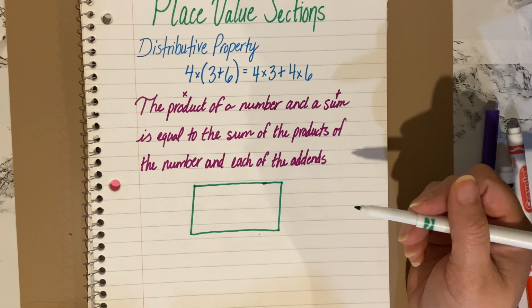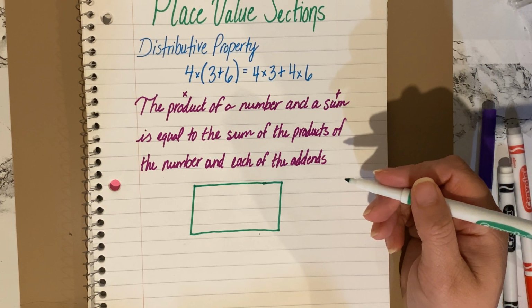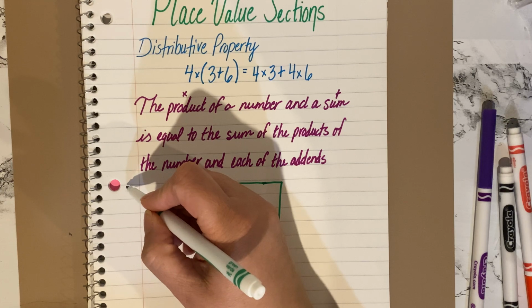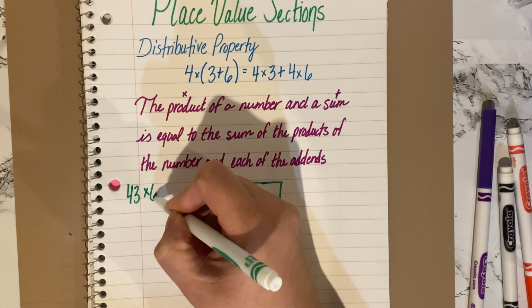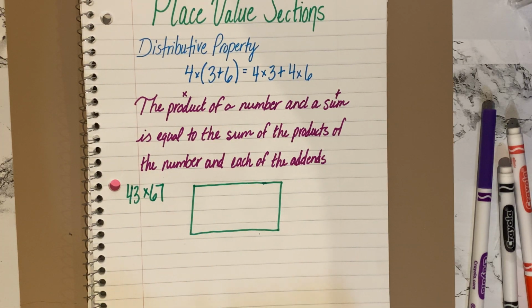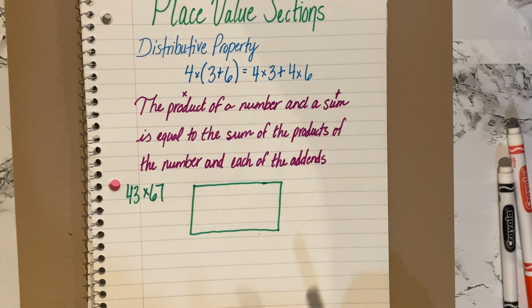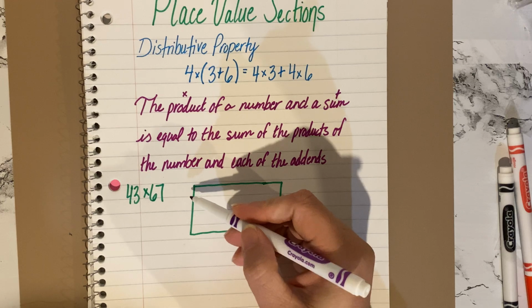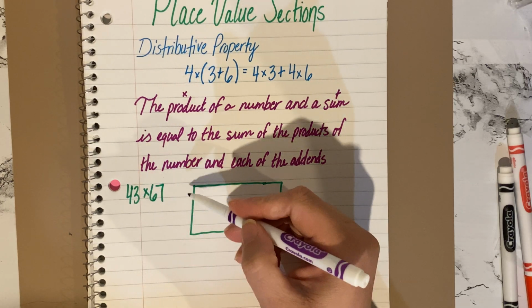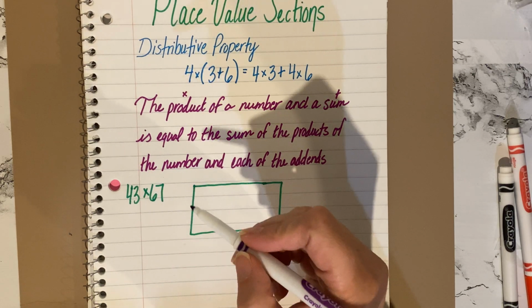Okay, the number we're going to work with on this place value section is 43 times 67. What you do with place value sections is you take the first number and you put it along the side, but you break it into its parts.